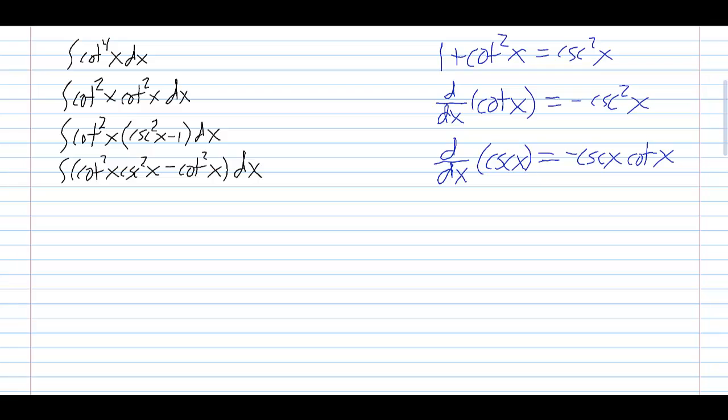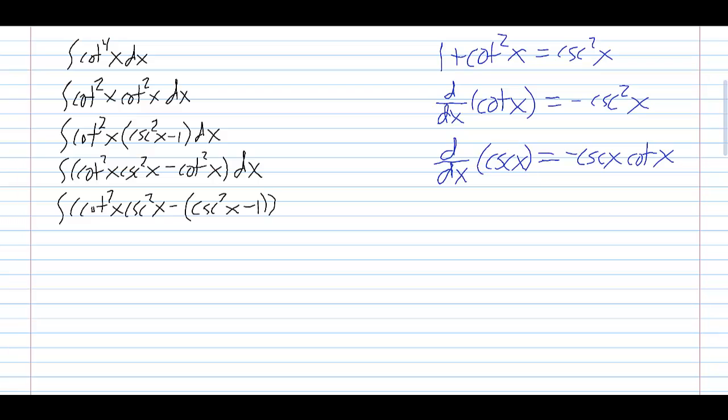So I'm going to go ahead and use that Pythagorean identity again to rewrite that cotangent squared x. So let me rewrite this one more time as cotangent squared x cosecant squared x minus, and now I'll use that identity and rewrite that cotangent squared as cosecant squared x minus 1.